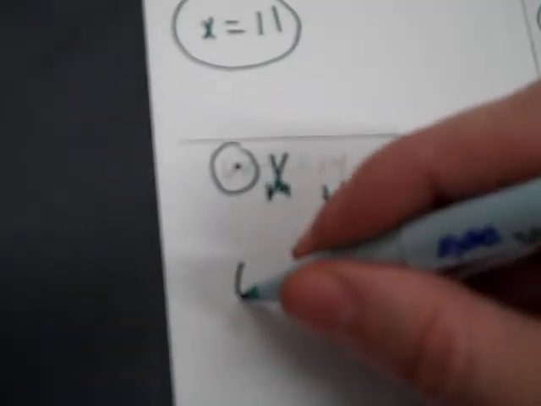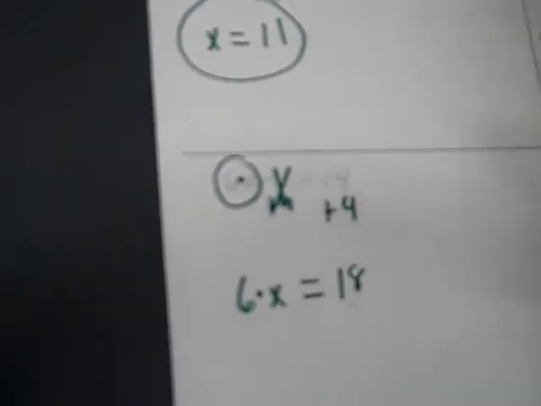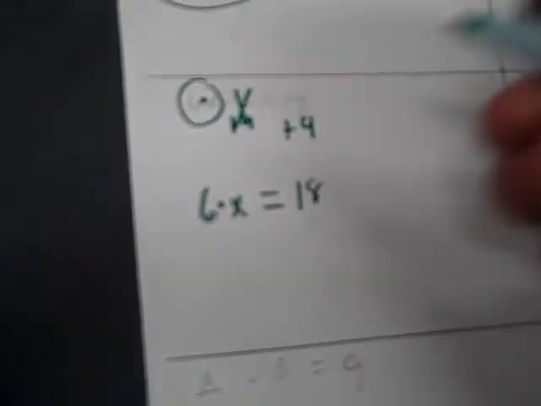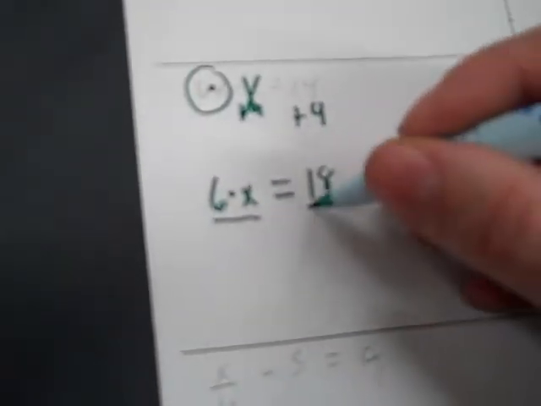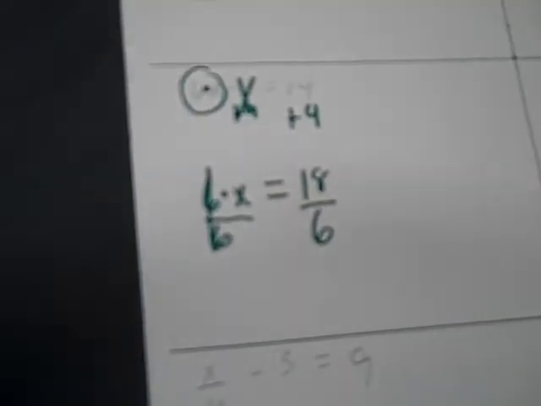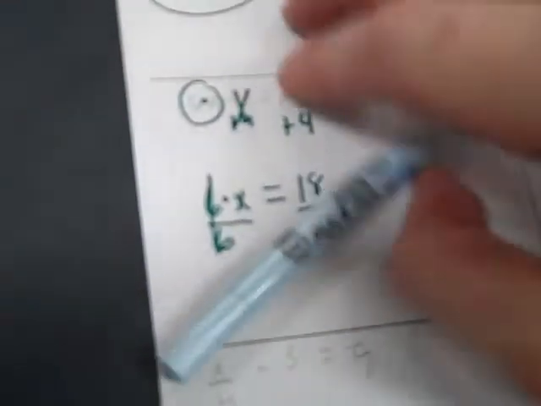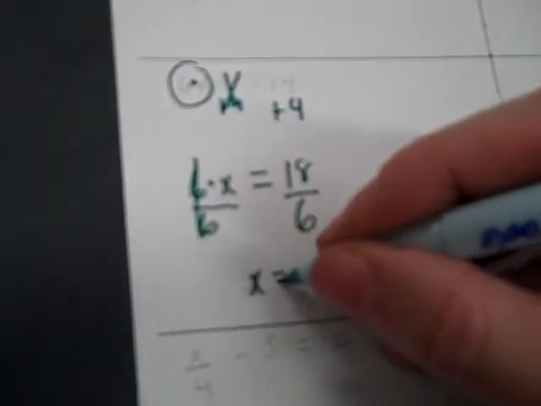So over here I've got 6 dot x, and 14 plus 4 is 18. Now, since the dot number is a 6, we need to divide both sides by our 6. And 18 divided by 6 is 3. Okay, so that means x equals 3.